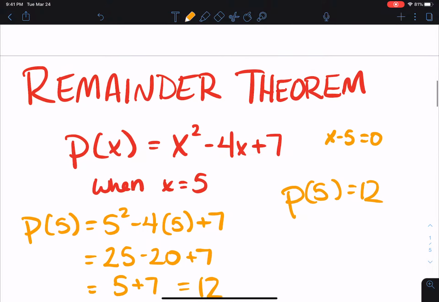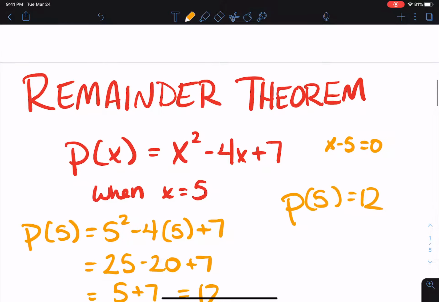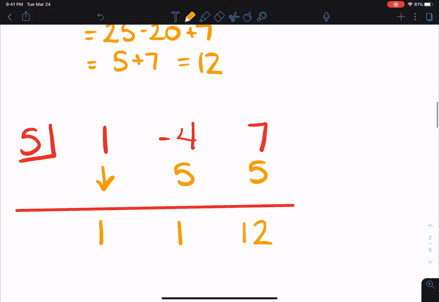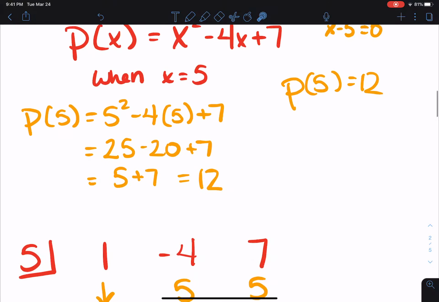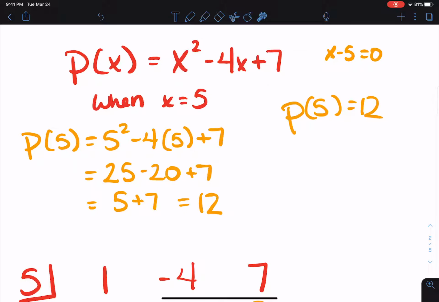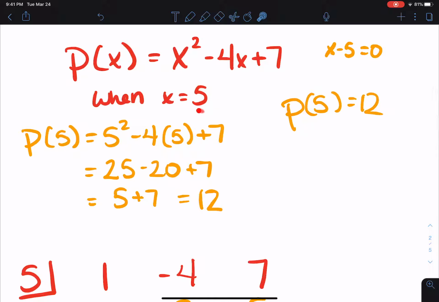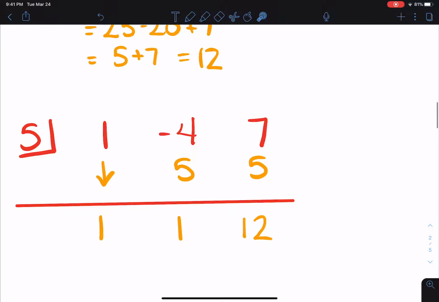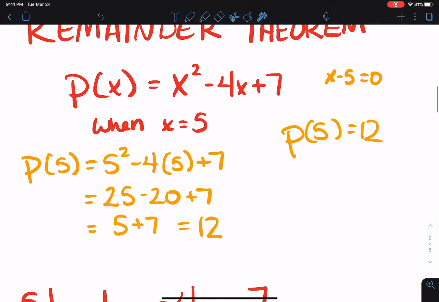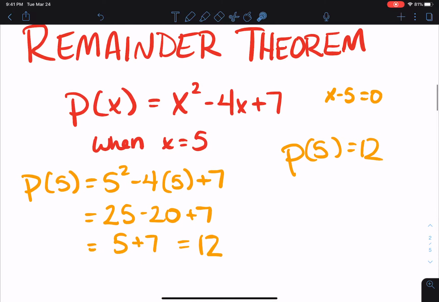So the remainder theorem is saying that whatever the remainder is, pretty tricky, whatever the remainder is, is what this function would be whenever it's evaluated at x equals such number, which in this case is 5. So we see that we have 12 here, and we also have 12 there. So it works. It's the same thing.